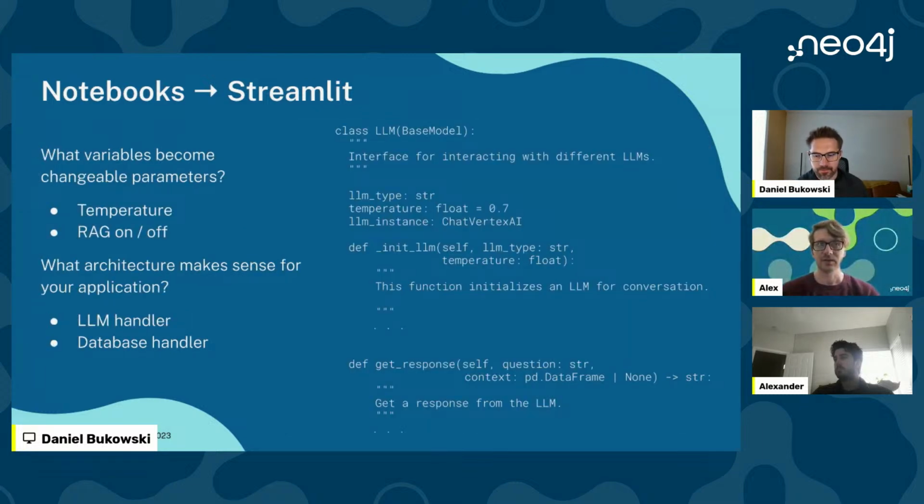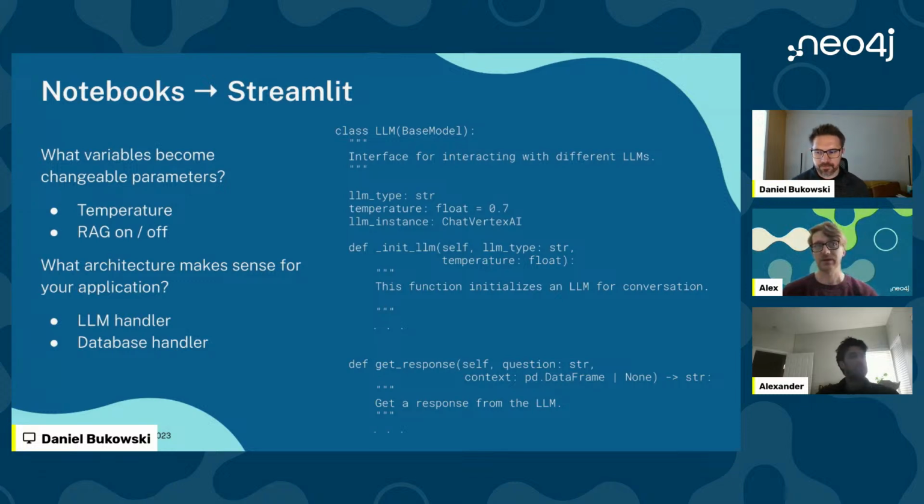So like you saw before, we had a notebook cell with a bunch of text making a call to an LLM. And so here on the side, you can see we took that and put it into a class that handles the initialization of an LLM, and then handles the code to get a response and the context handling. This really helps maintain consistency and robustness in your code.